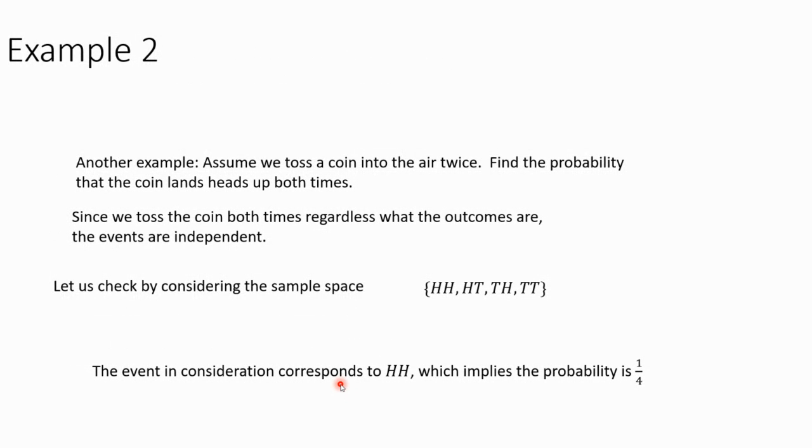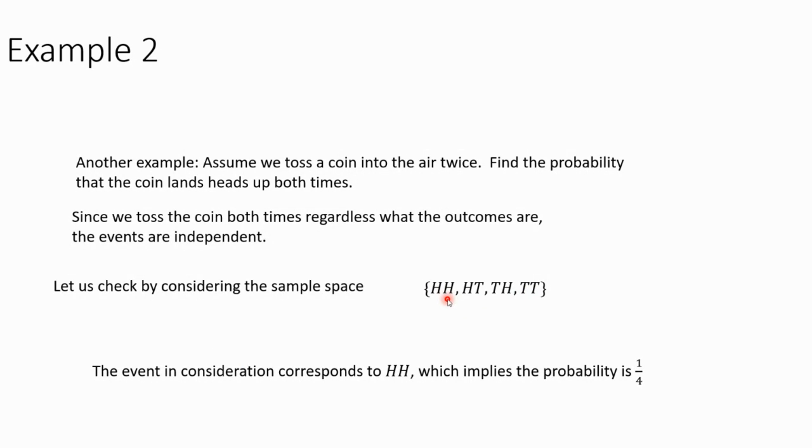In fact, we can show that as well if we were to list the sample space. The H or T is heads or tails. We have the first toss here, and here we have the second toss. So here we have heads on the first, heads on the second; heads on the first, tails on the second; tails on the first, heads on the second; tails on the first, tails on the second.